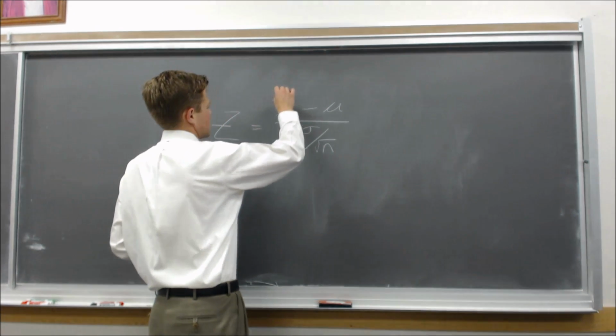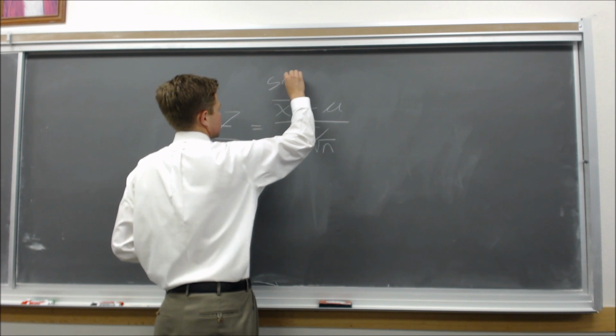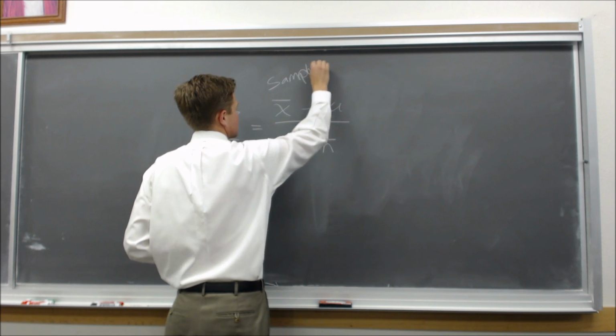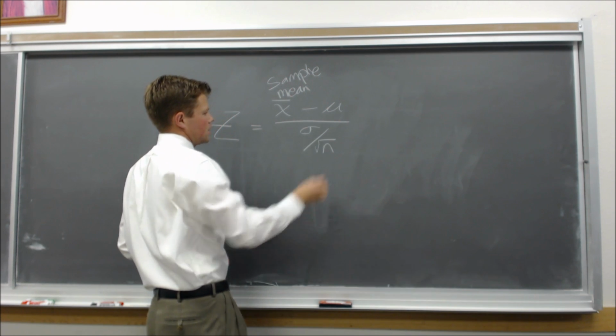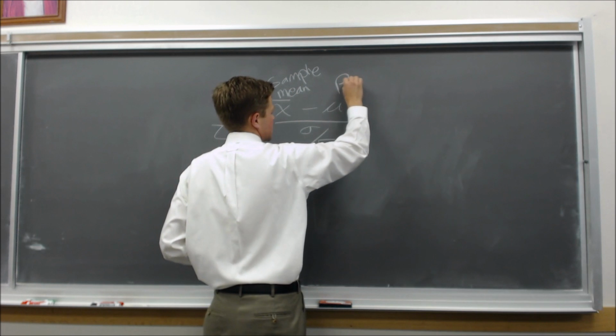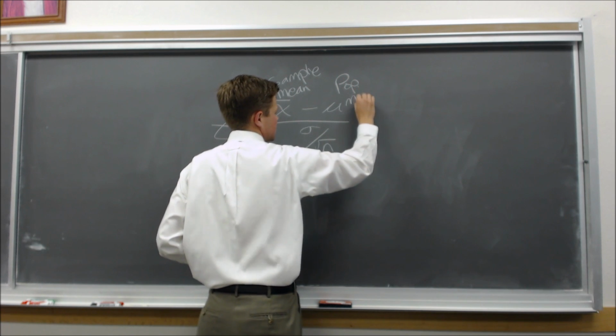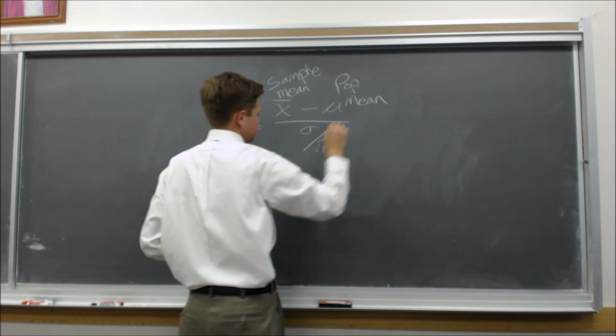The x bar is representative of the sample mean. The mu represents the population mean.